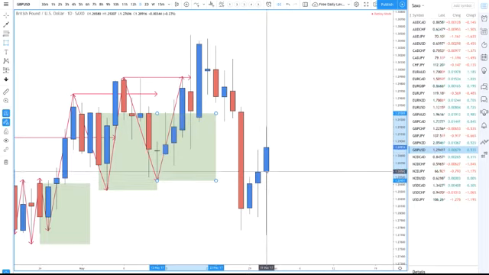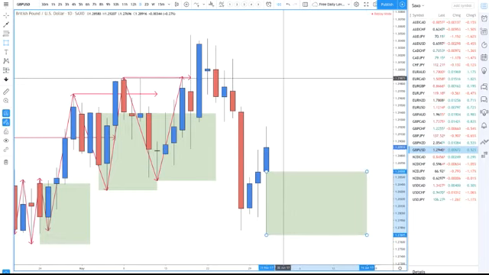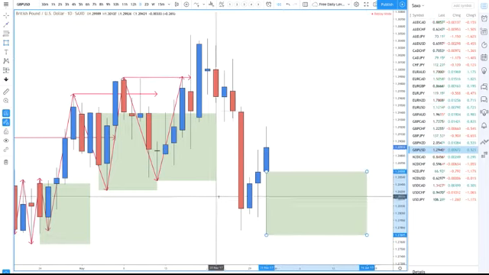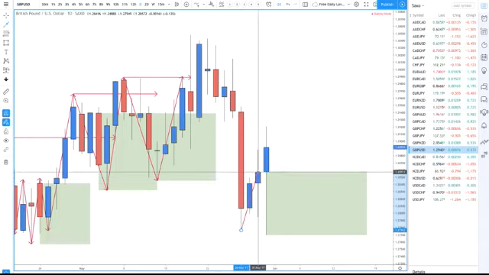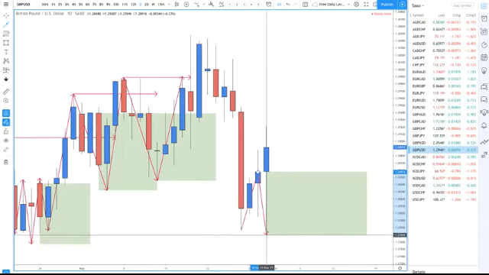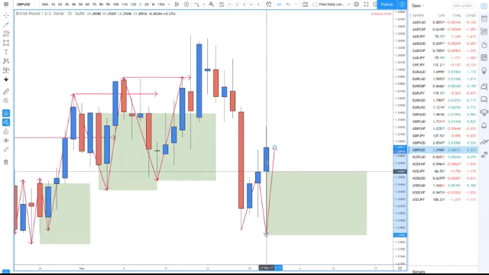Because this closes above the previous candle's high and goes below the previous candle's low. So if we were looking at this from a higher high, higher low perspective, what we've got is, in fact, a move up, a bit of a move down, and then a move higher. Yeah, so this now starts to look like demand there.